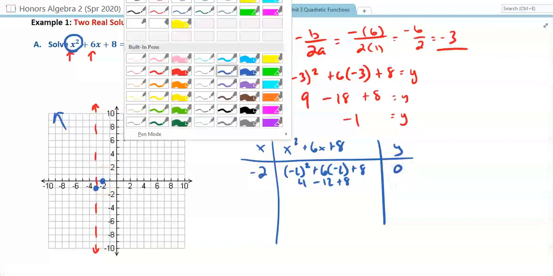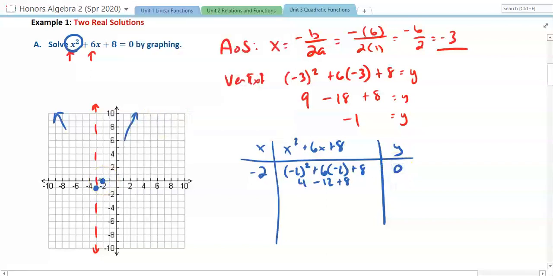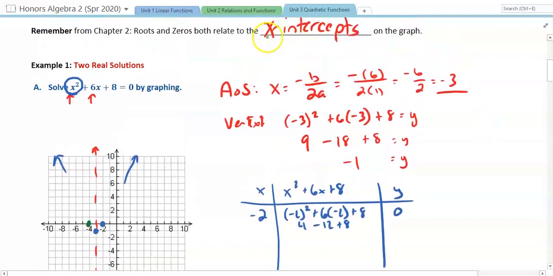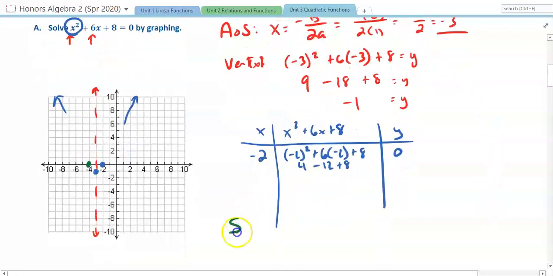And remember what we talked about in section 1. We said that if something was so far away on one side, it would also be equidistant, the same distance away on the other side. And so this is 1 unit to the right, so I'm going to end up with 1 unit to the left. And so go back to our note, right? Roots and zeros both relate to the what? X-intercepts. And so my two solutions is when x equals negative 4 or x equals negative 2.